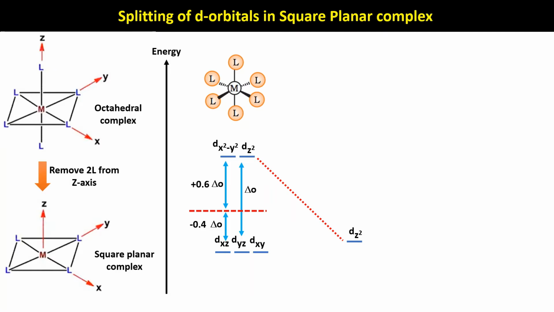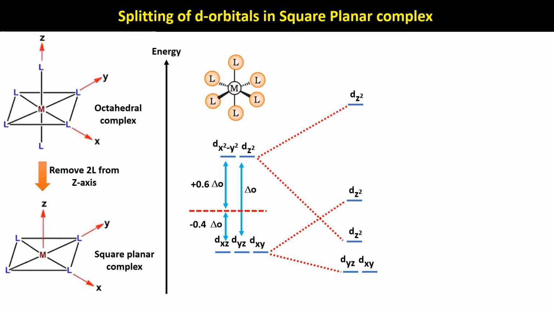The xz and yz orbitals drop their energy, but not as much as dz square. The x square minus y square and dxy orbitals increase in energy because the ligands in square planar complex move a little closer to the metal. This is the d orbital splitting pattern in square planar complex.